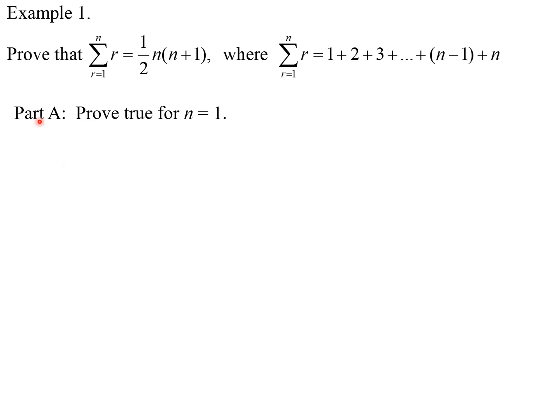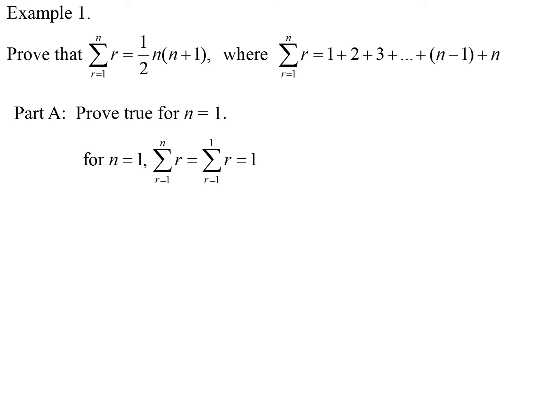For the first part A, prove it is true for n equals to 1, as I said just now. For n equals to 1, we have to prove both sides. First we start off with the left hand side.